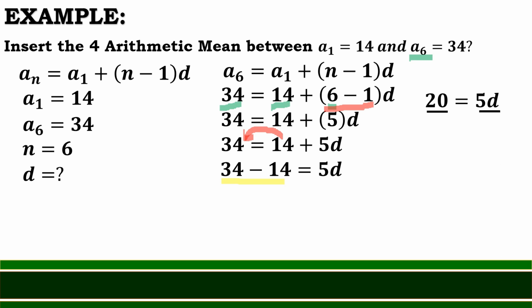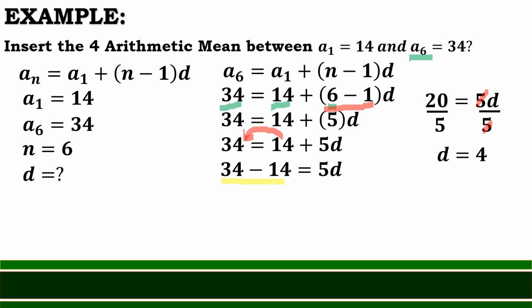After that, kailangan mawala si 5 at matira si d. Let us try to divide both sides by 5. So, kapag nag-divide tayo both sides by 5, 5 divided by 5 is equal to 1. Okay? So, our d is equal to 4.